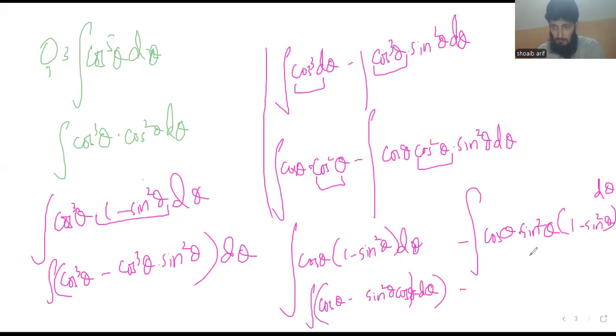So what will we do here? So cos theta minus sine square theta cos theta, then this multiplied with this gives minus sine raised to the power 4 theta into cos theta d theta. Okay, there is a bracket here.